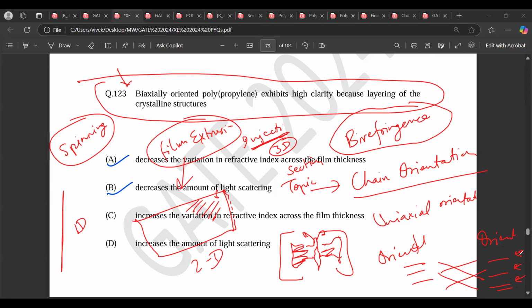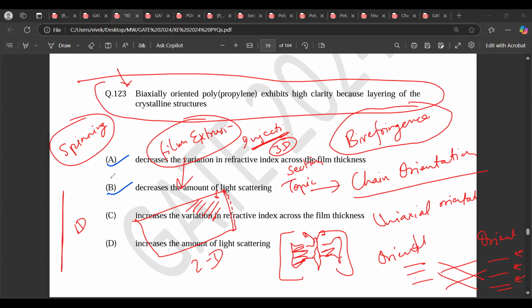Tell me what kind of orientation you get in what kind of process. Anyone unmute and just tell. I don't want you to spend much time, please. We have questions to go, because numericals are not easy. It isn't worth spending much time because these are direct. Anyone, please? Uniaxial in spinning. Yes. And film extrusion is biaxial.